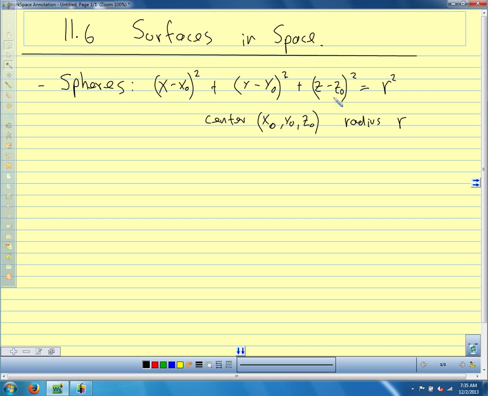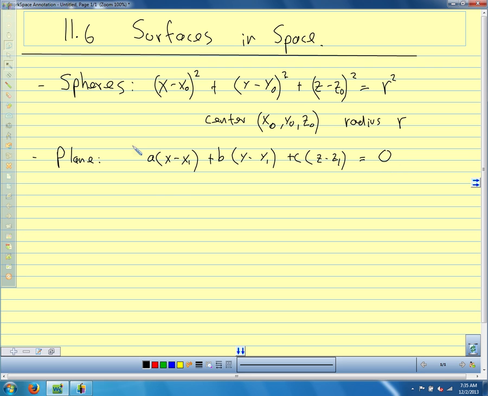We also did a little bit of work with planes. That's another kind of surface in space. So let's write down an equation for a plane in space. So there's an equation for a plane in space.